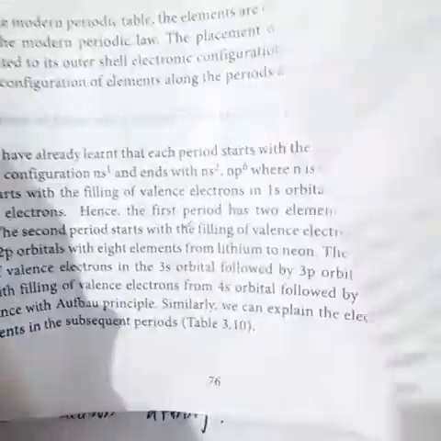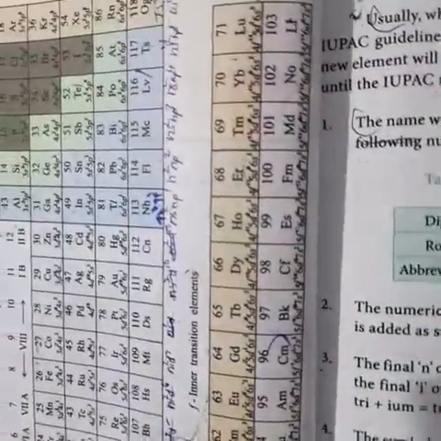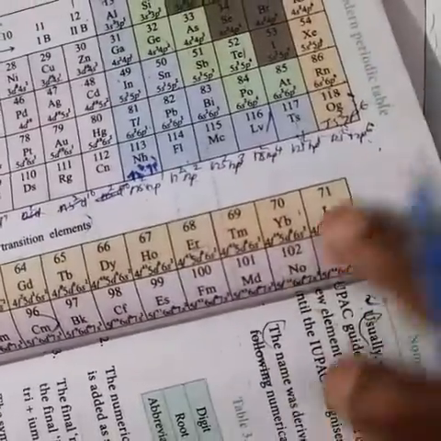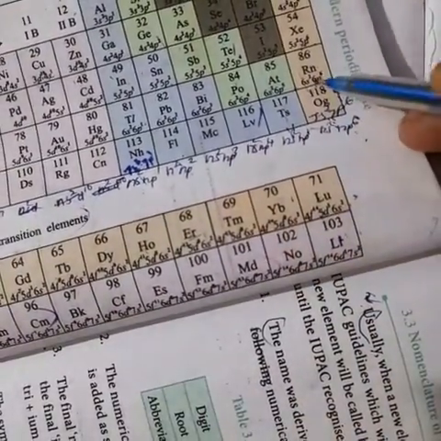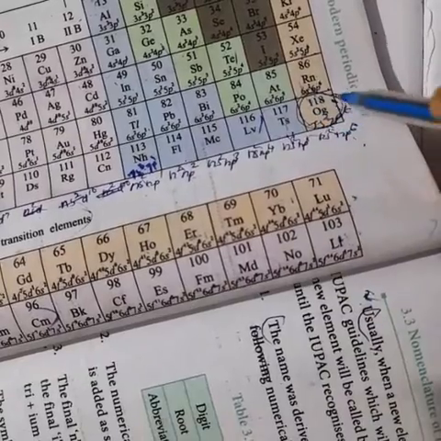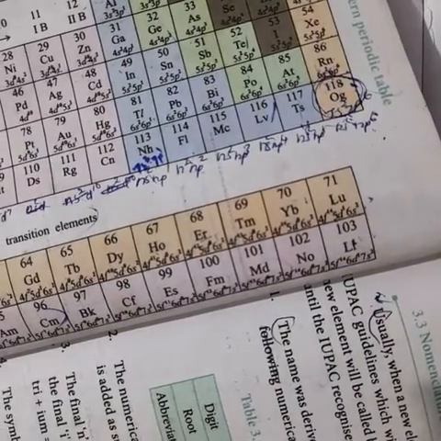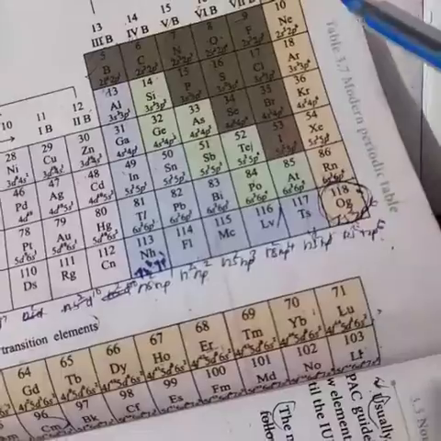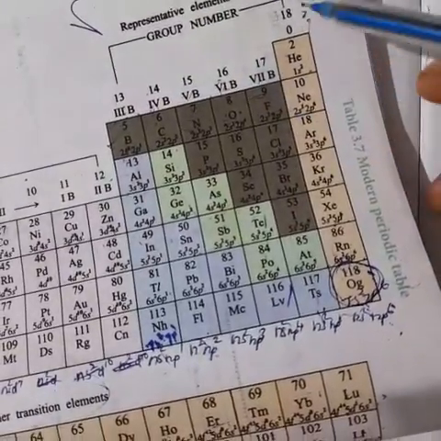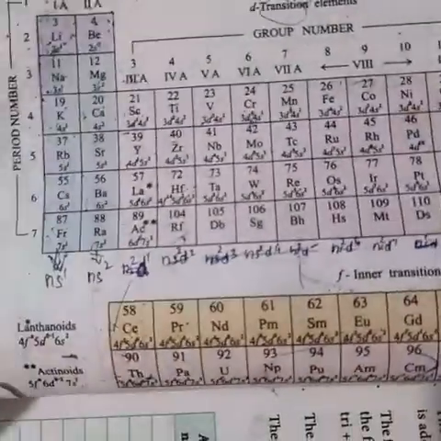If you see the periodic classification table, this is atomic number 118, oganesson. What is the name of this element? Oganesson, symbol Og. Which group is it present in? Group number 18. And which period? Period number 7. Understood?